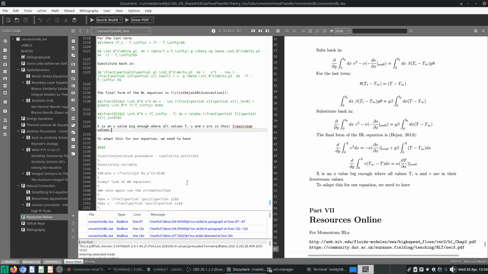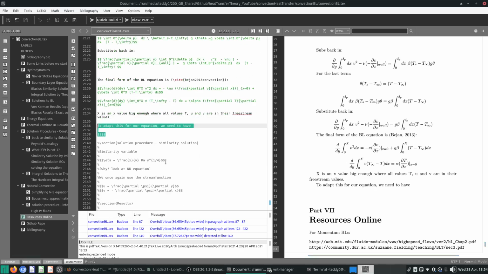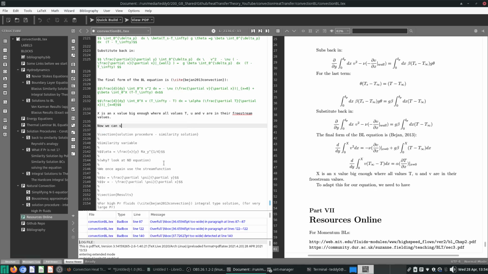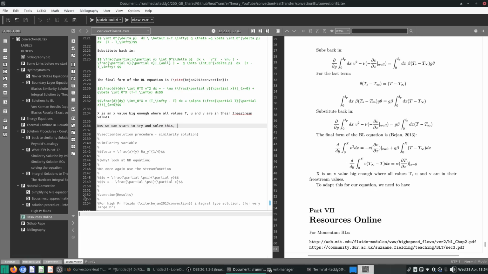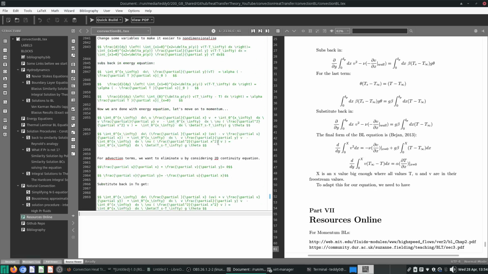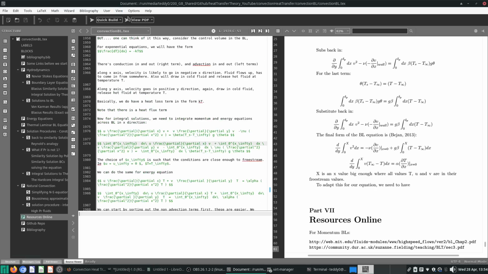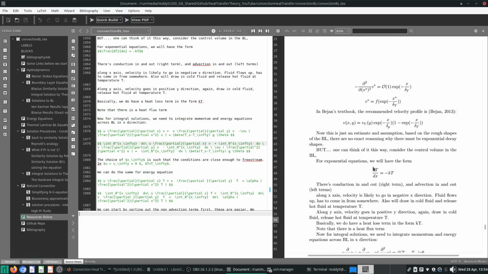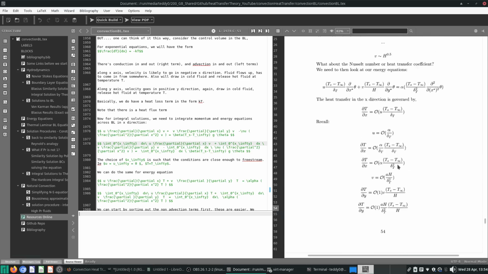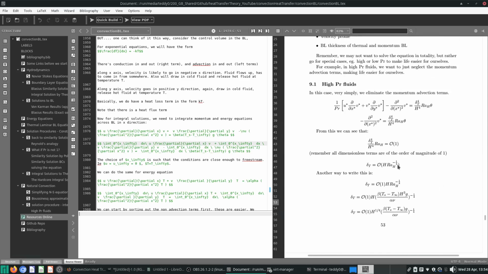Now we can start to try and solve this. Again, we need to substitute in our velocity profile and temperature profile, and we'll see what happens. Where's our velocity profile?